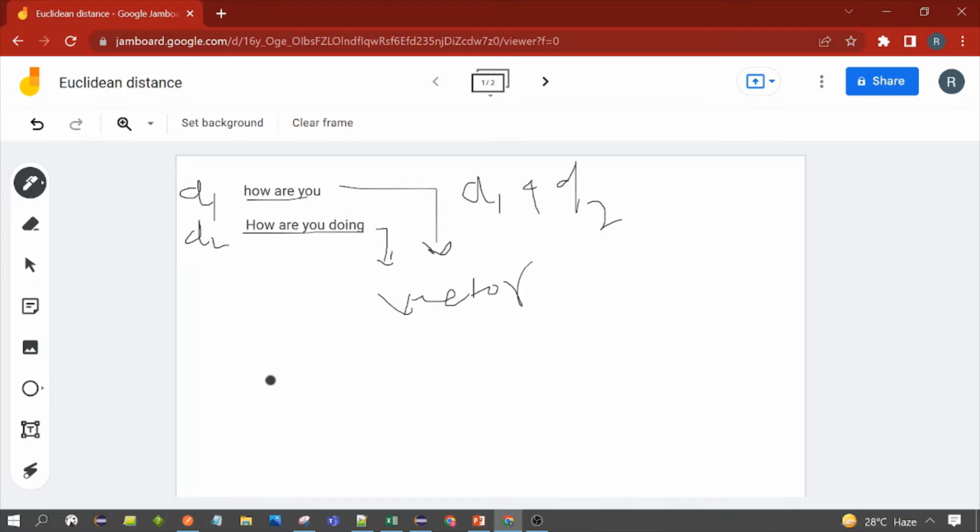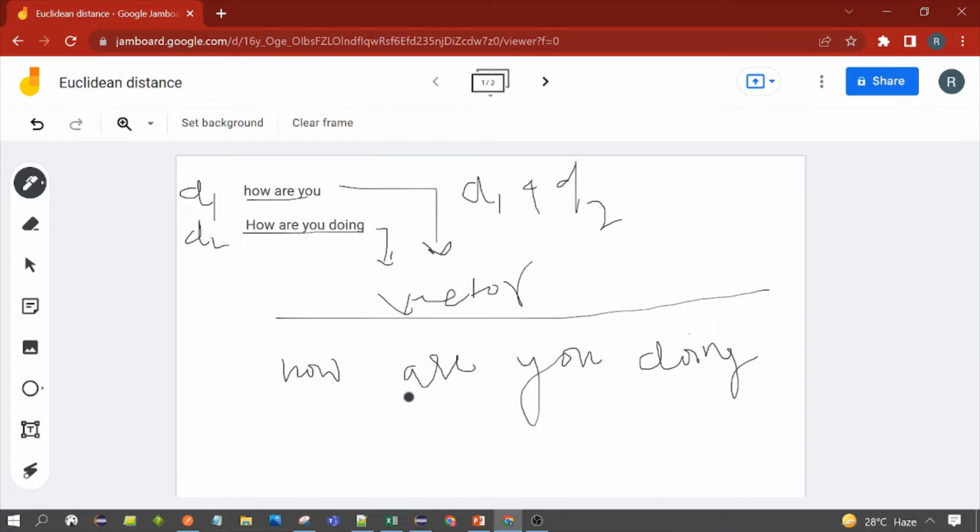So the unique terms are how, are, you. These are the unique terms from document 1 and document 2: how, are, you already written, and doing is left. So let's write doing. These are the four terms which are unique in both the documents.